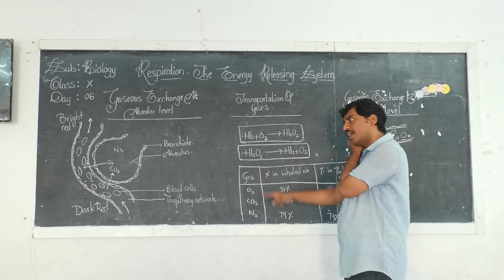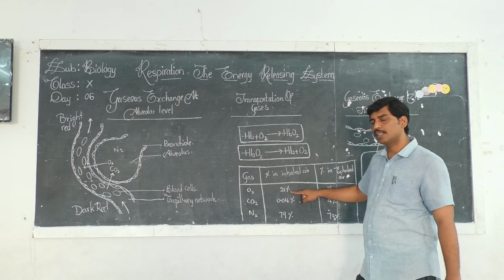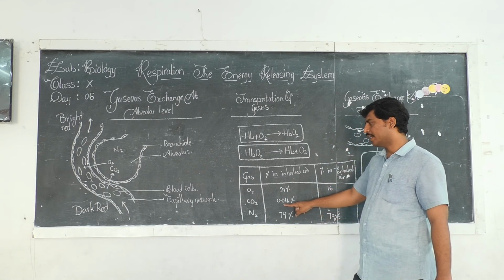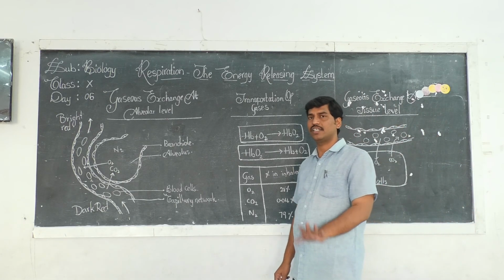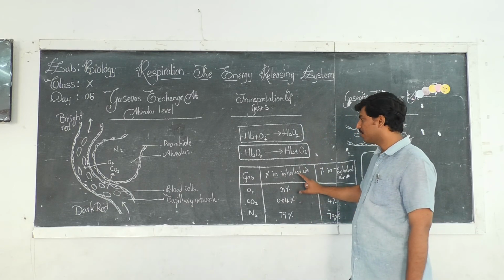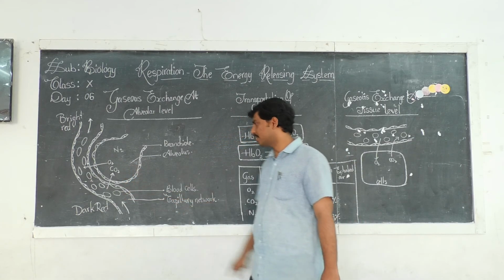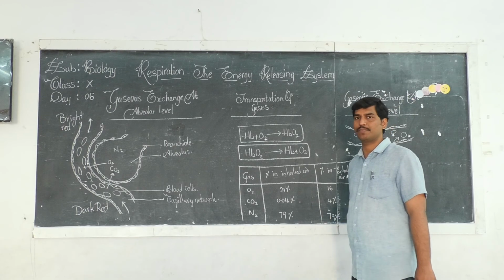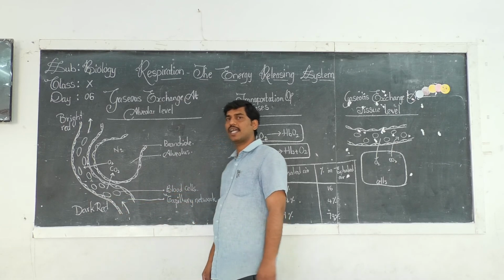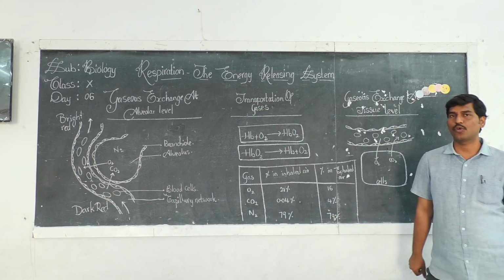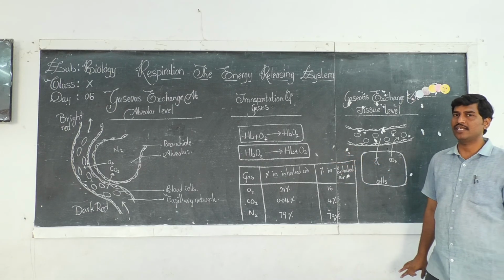In the alveoli, the oxygen percentage is 21%, carbon dioxide percentage is 0.04% and nitrogen percentage is 79%. Whereas the carbon dioxide present in these blood capillaries is 4%. Therefore we can say the percentage of carbon dioxide is more in the blood.